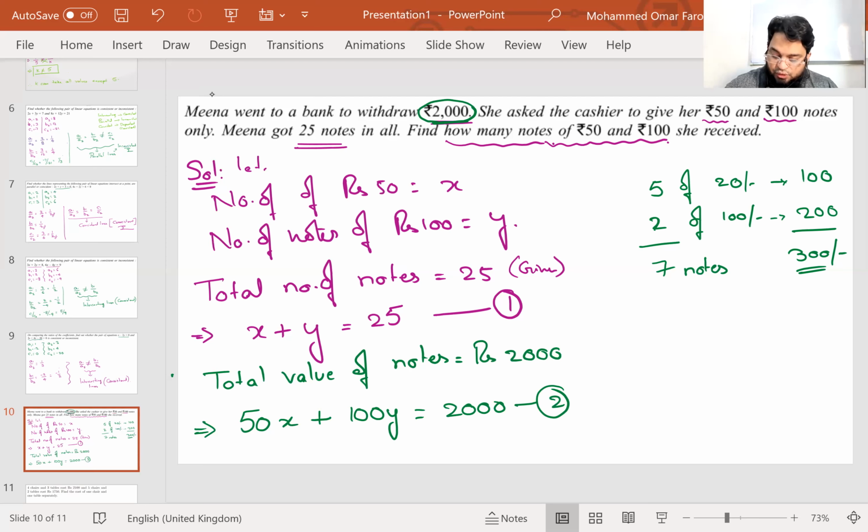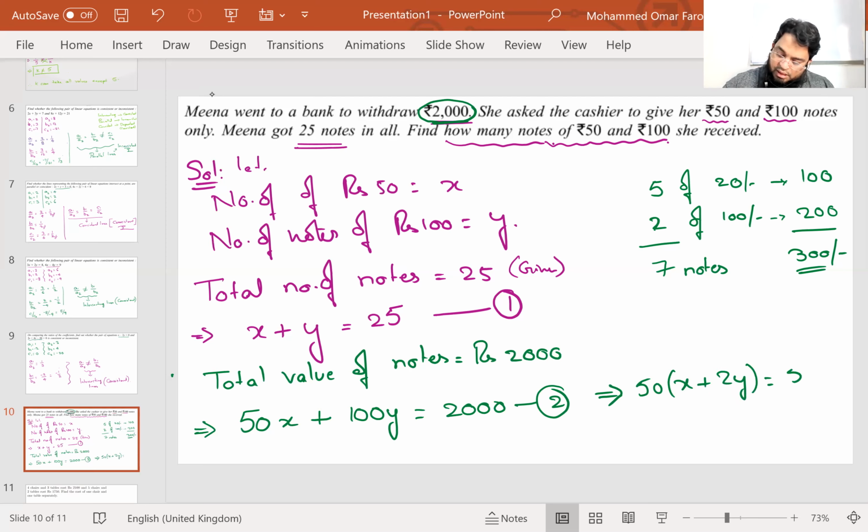Now if I solve this, I can take 50 common. x plus 2y equals 50 into 40. On both sides 50 gets cancelled. That implies x plus 2y equals 40. This is the third equation.